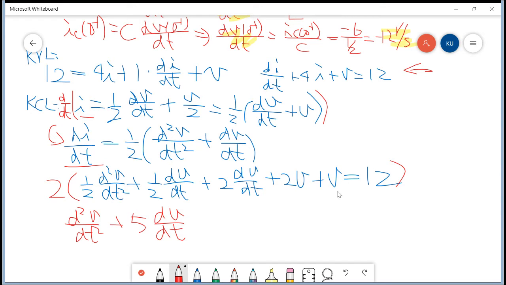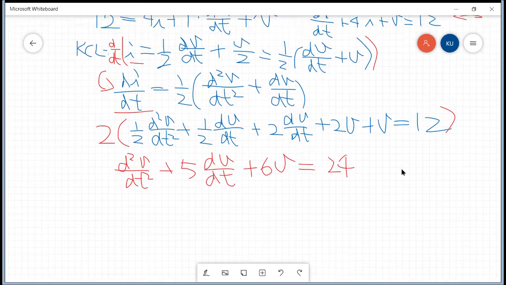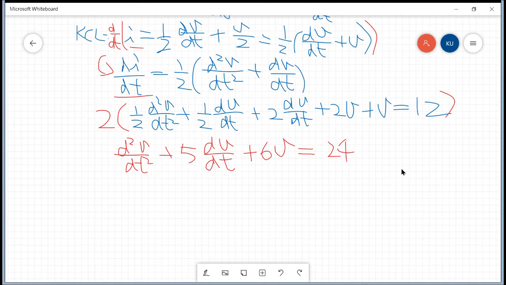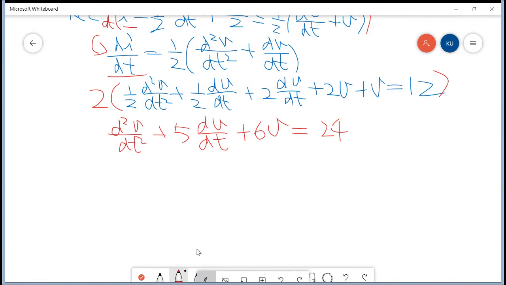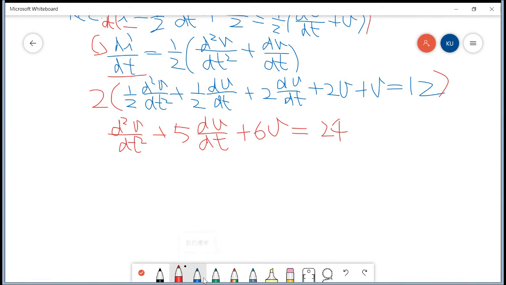And 2 plus 1 is 3, multiply 2 is 6v, equals 2 times 12 is 24. Yes, it is correct. So we need to solve this second order ODE with external source.